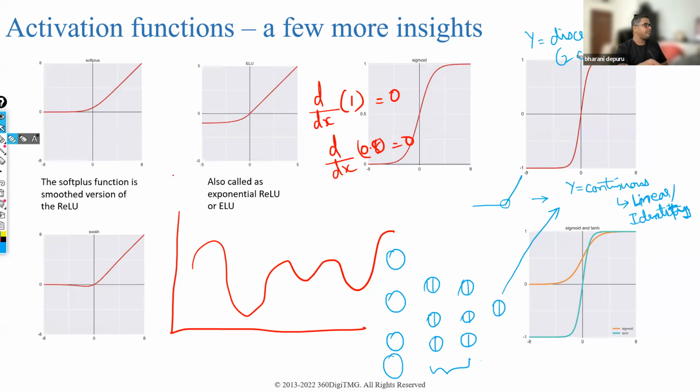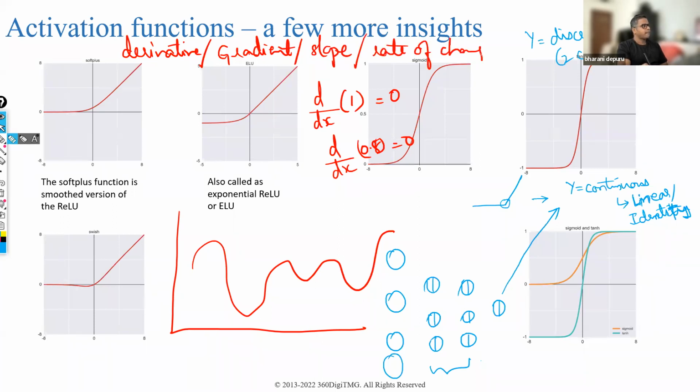If the derivative becomes 0, what is derivative also called as? Gradient. This is also called as slope. This is also called as rate of change. If the derivative becomes 0, your algorithm will stop.